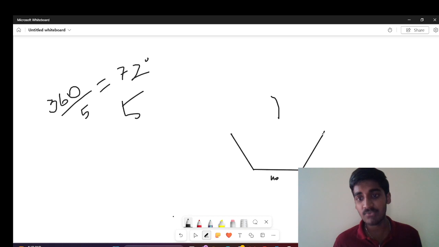Again from here I'll draw an arc with 40 mm, because my side is 40 mm. Understand? Now both the arcs are intersected here. So let's join those lines.